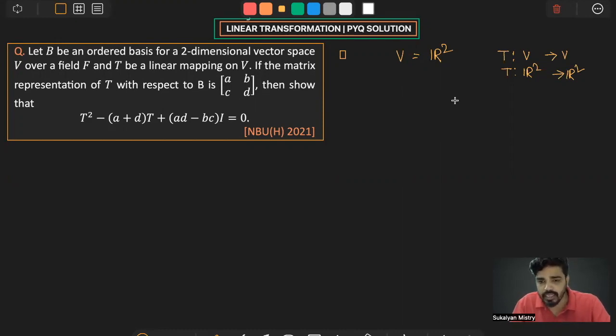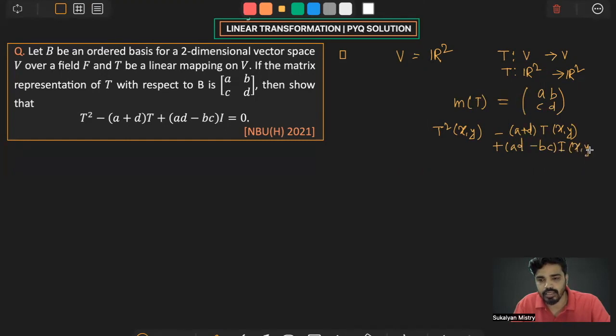That is, the matrix representation of the linear mapping T is given as A, B, C, D. We have to show that T square XY minus A plus D TXY plus AD minus BC IXY is equal to 0.